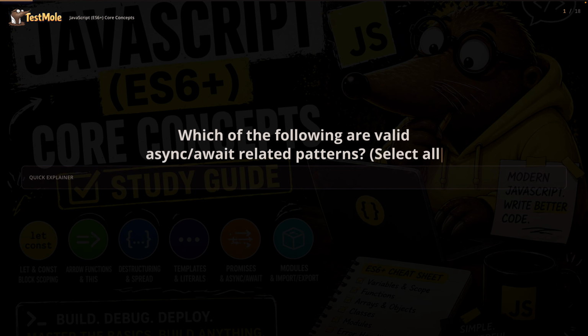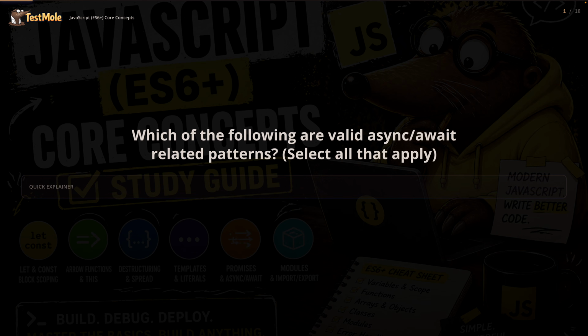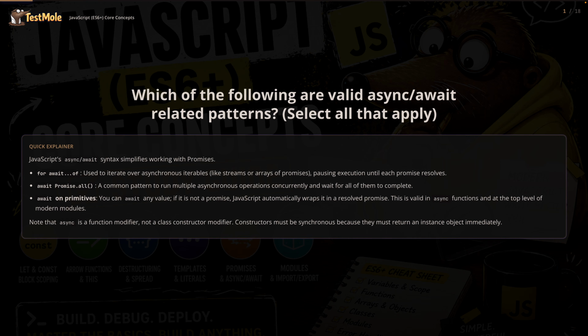Which of the following are valid async/await related patterns? Select all that apply. JavaScript's async/await syntax simplifies working with promises. For await, used to iterate over asynchronous iterables, like streams or arrays of promises, pausing execution until each promise resolves.